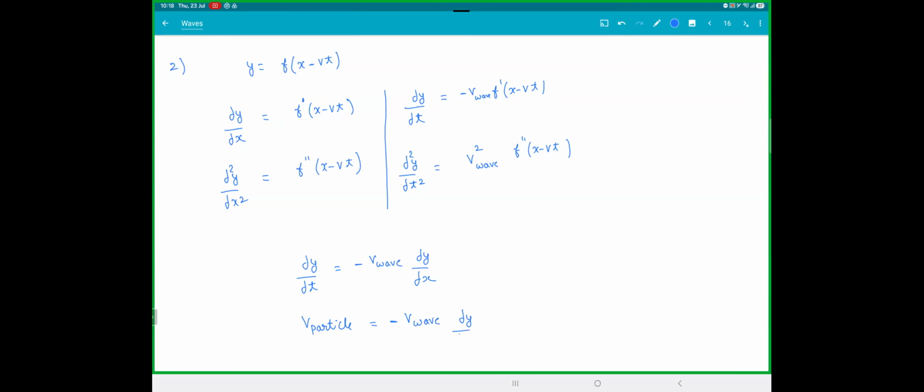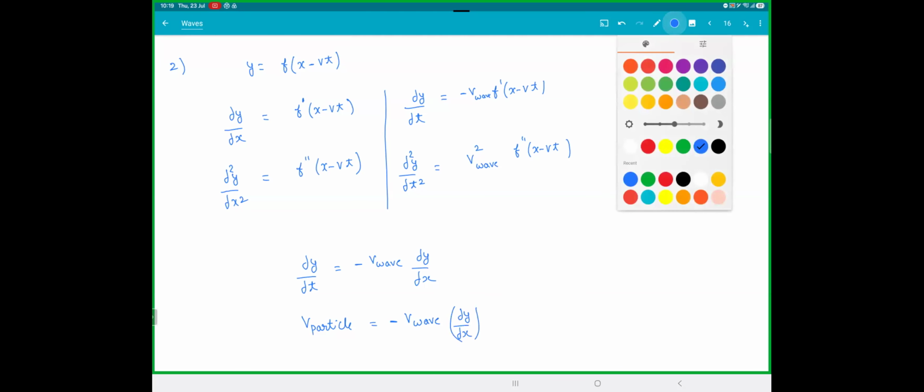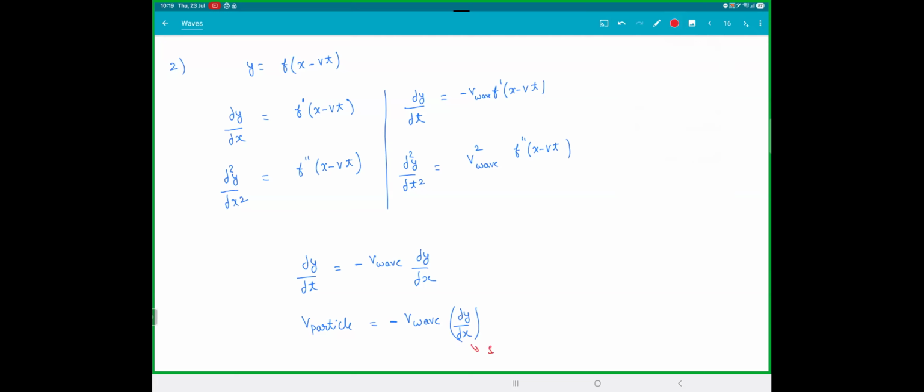A very important formula. Most people don't remember this. So this is the relation between particle speed and wave speed. Quite a useful result.